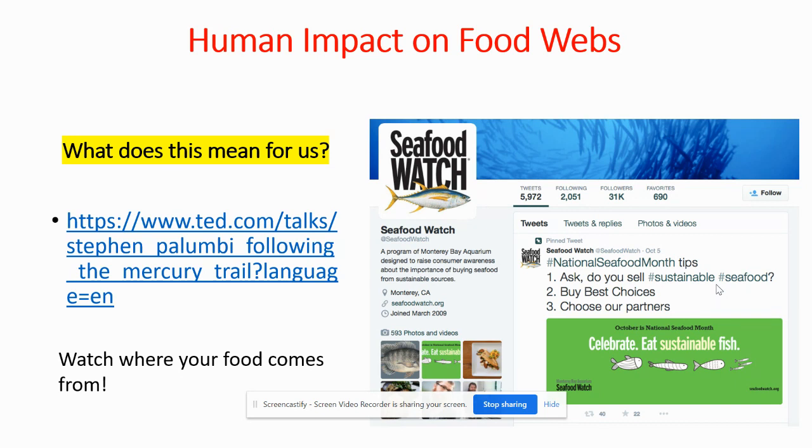But sometimes, depending on the area and what the pollution control is there or how polluted those waters are, sometimes the farmed fish can actually be better for you than the wild fish. So this website is there to help you weed through that a little bit. So watch where your food comes from. And that's it for energy flow.